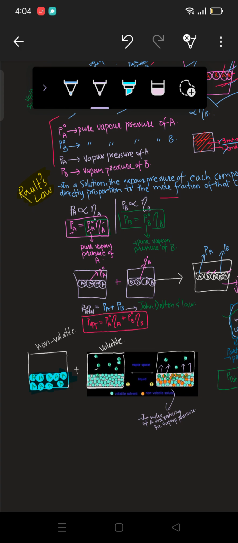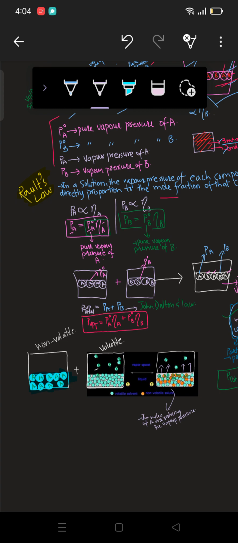But when we mix non-volatile with volatile, the vapor pressure is reduced, since the non-volatile molecules take the place of the volatile substances, and they reduce the surface area. If they have reduced the surface area, the volatile molecules would not get place to make the vapor pressure, since vapor pressure is called a vapor pressure just above the liquid surface, right?